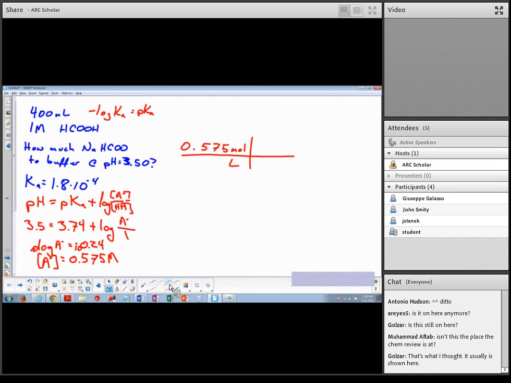Molar mass. The molar mass of that is 68 grams per mole, and that's all going into 400 milliliters, so we have to multiply that by 0.4 liters. If we plug and chug all that, we end up with 15.64 grams. That's how much you'd have to add to make that into a buffer solution of 3.5.